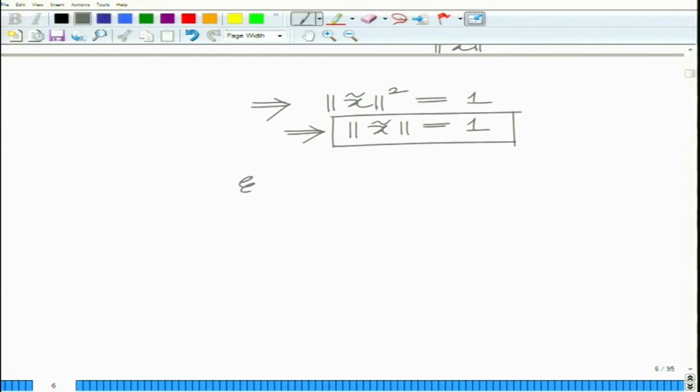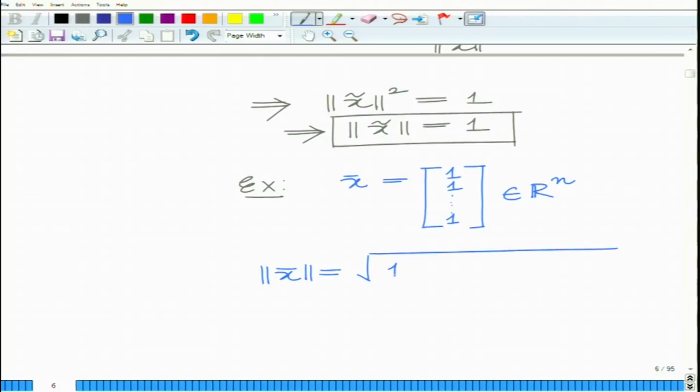For instance, let us consider the vector x bar, let us consider this to be your x bar equals the all one vector, that is n dimensional all one vector. Then we have norm of x bar equals square root of 1 square, that is 1 plus 1 plus 1 n times, that is equal to square root of n.